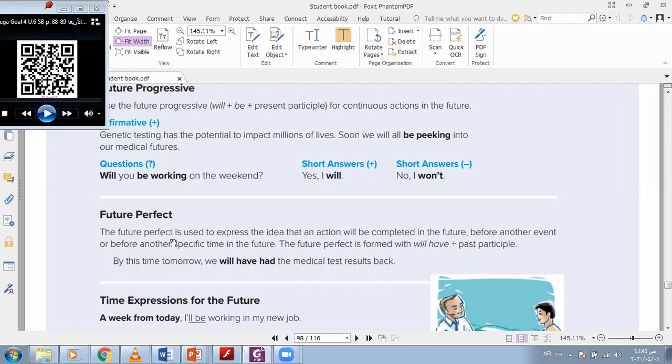اوكي. طيب الفيوتشر بيرفكت اللي هو المستقبل التام. The future perfect is used to express the idea that an action will be completed in the future before another event or before another specific time in the future.